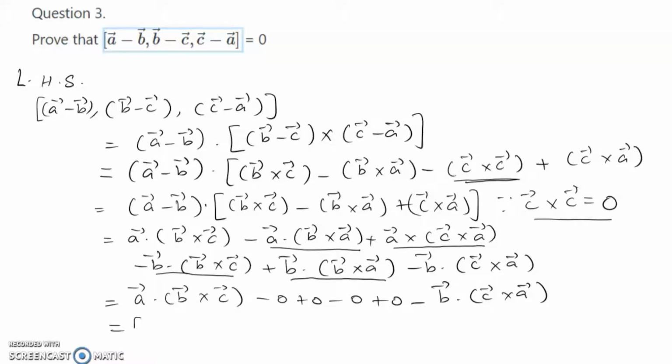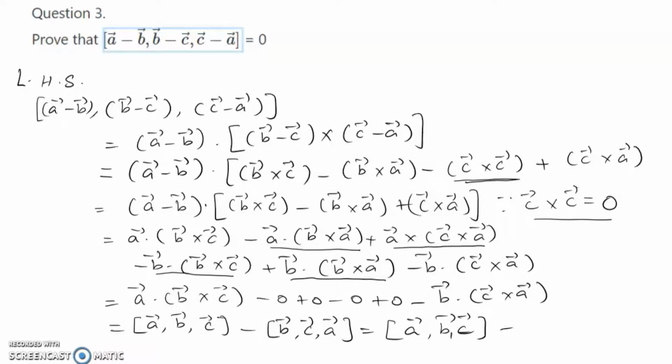This can be written as [A, B, C] minus [B, C, A]. Since they are in the same cyclic order, we can rewrite it as [A, B, C] minus [A, B, C], which is equal to 0. That proves our question.